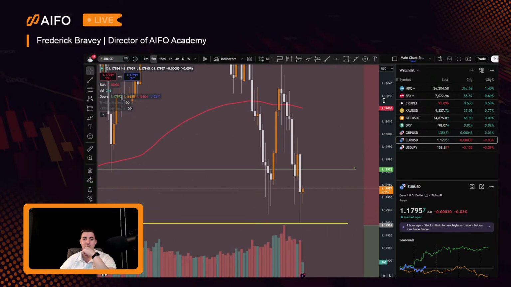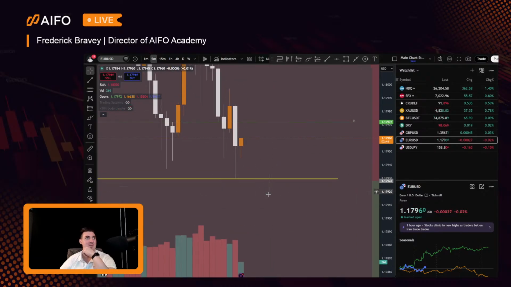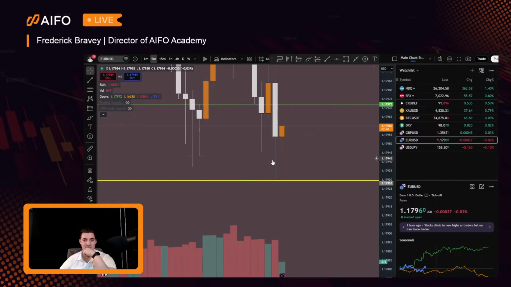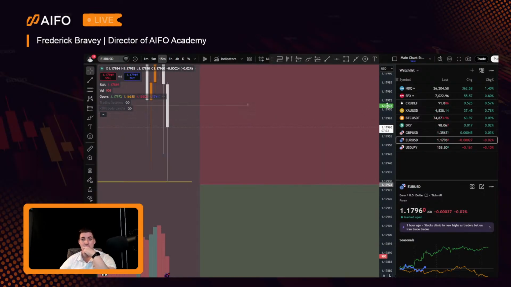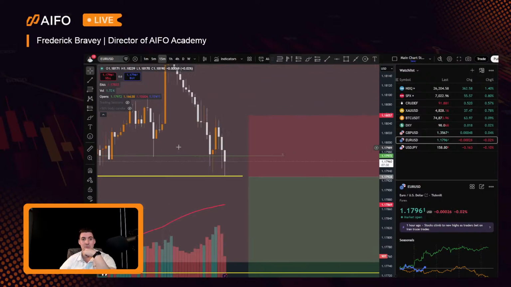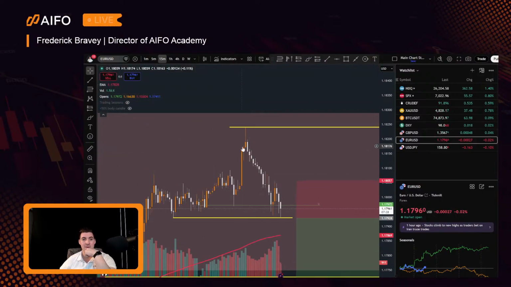Ooh, almost broke structure. Look at that. My goodness. Almost broke structure. Just came perfectly down to that support line on the Euro US dollar on the 5 minute frame. So it came down nice and beautifully down to there.